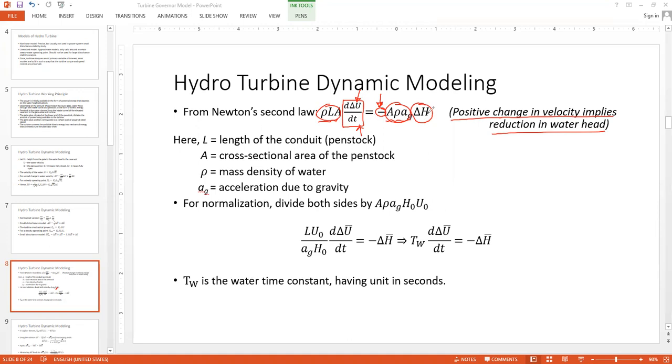Now, let's say this is the pipe. This is the water head. This is the dam, reservoir. This is the sluice gate, etc., etc. So water is actually flowing here. So this is the velocity of the water that we are talking about. Once the sluice gate is opened, even by a little amount, the water will get, of course, some velocity.